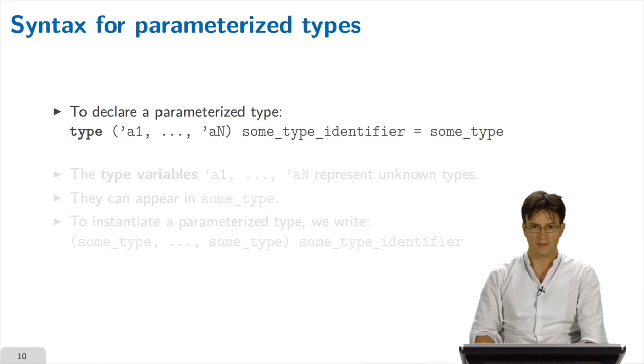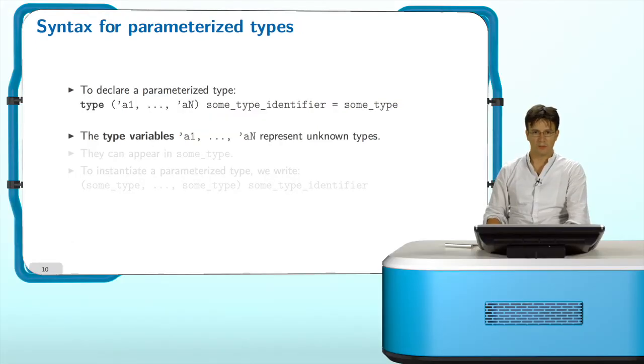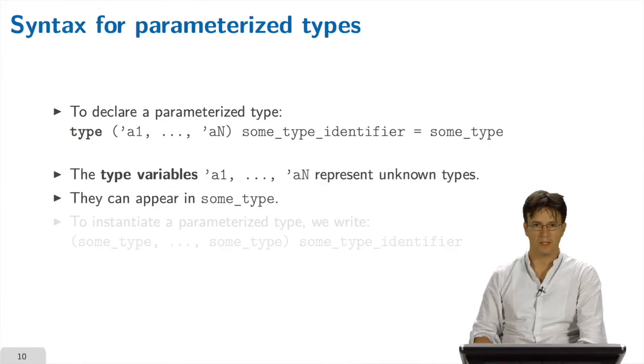After that, as usual, you write the type identifier you want to introduce, an equal sign, and the type definition. The type variables, quote A1, quote AN, represent unknown types, which are the type parameters of your data structure. So they can appear in the definition of the type.